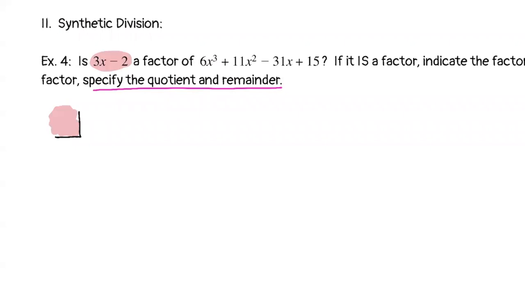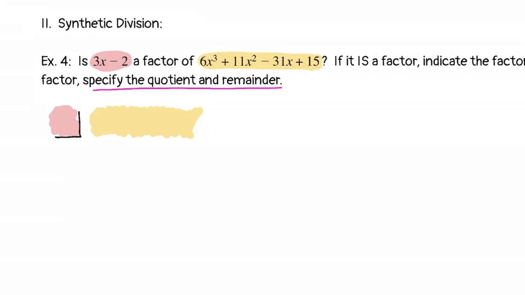Then we're going to write out some numbers over here that correspond to the dividend. But the nice thing about this is we strip away a lot of the letters. We don't have as many x cubed, x squared, things like that to worry about.